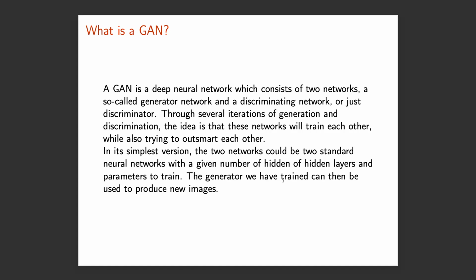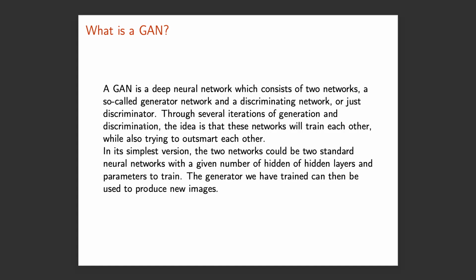And the generator we have trained can then be used to produce new images, which the discriminator is trying to judge whether this is the correct image or not. So typically people could say that the generator is a kind of fake generator, which starts with a latent space, which could be a noisy image, and then tries to make an image.